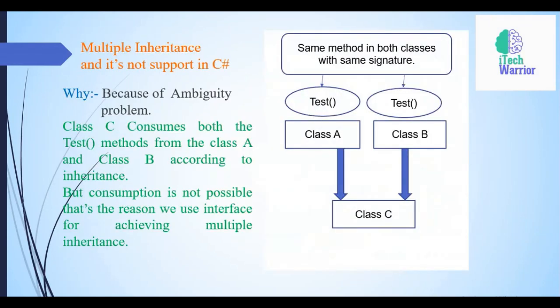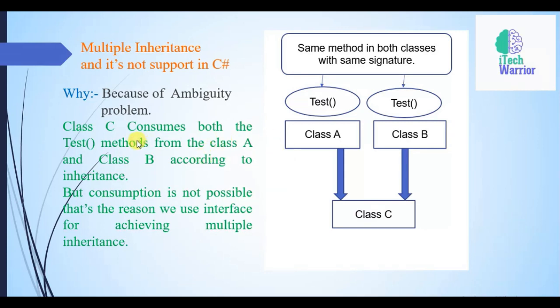So let's understand how we can achieve multiple inheritance in C# through the interface and not by classes. So here we understand multiple inheritance is not supported in C#. Why? Because of an ambiguity problem. So this is the diagram. Class A and class B are inherited by class C, and both classes have the same method name with the same signature, Test. And class C consumes both the Test methods from class A and class B according to inheritance.